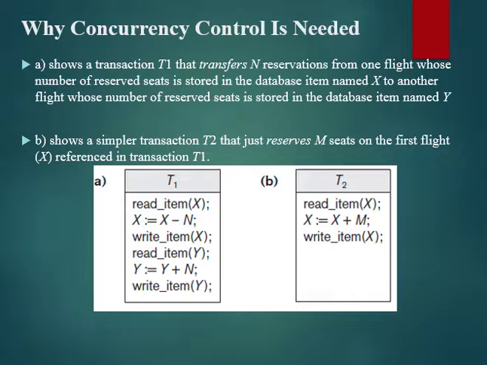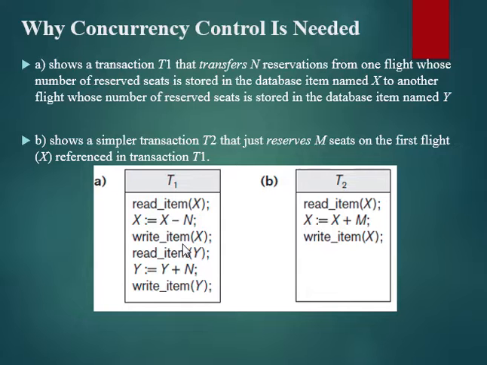Here we can see that first, we read X, a data variable which contains the number of reservations in flight X. We are removing the value n from that variable.